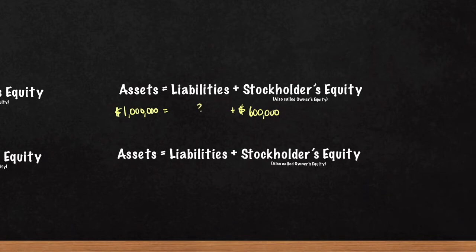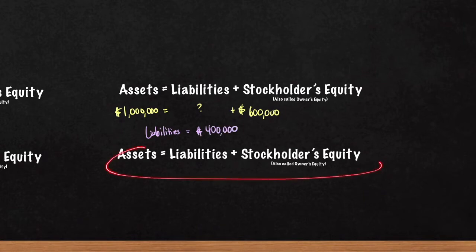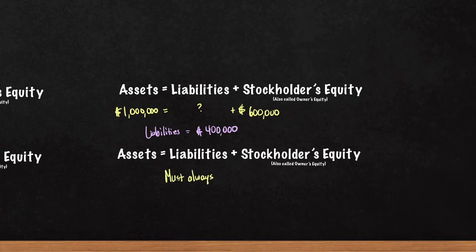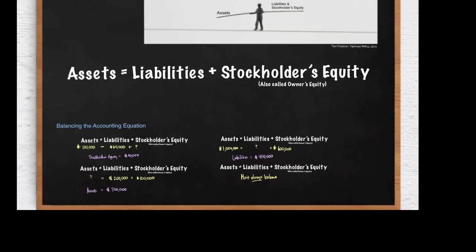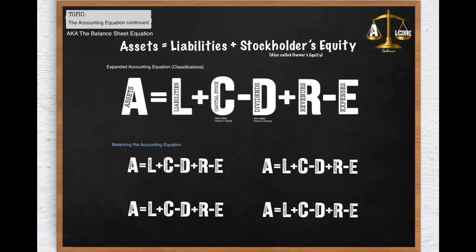The question that you may be asked is, what are liabilities? I know, seems like a little bit of algebra. Yes, you are finding the missing variable, but liabilities is 400,000 because 400 plus 600 equals $1 million. So, to sum up this entire slide, you must always make sure that the accounting equation, which is assets equals liabilities plus stockholders' equity, is in balance.